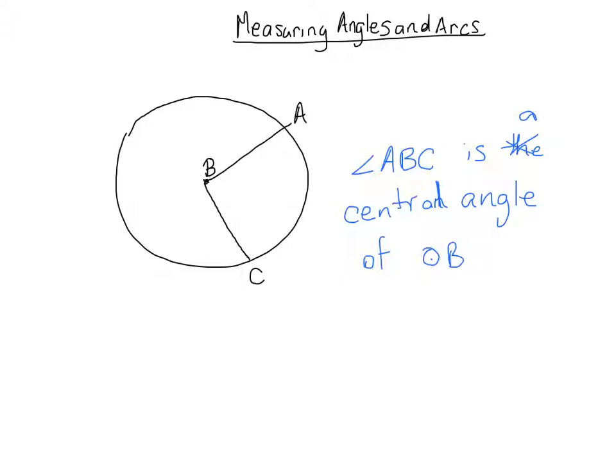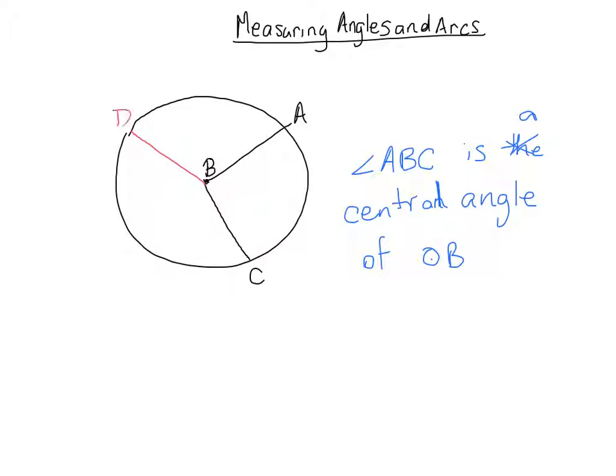All right, so a couple things we should know about the central angle. The most important thing is that all the non-overlapping central angles put together will be equal in measure to 360 degrees when you add them up. So let's say I have one central angle here.